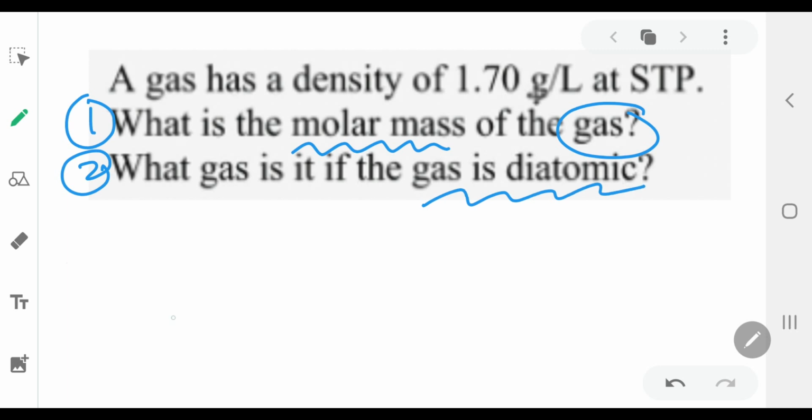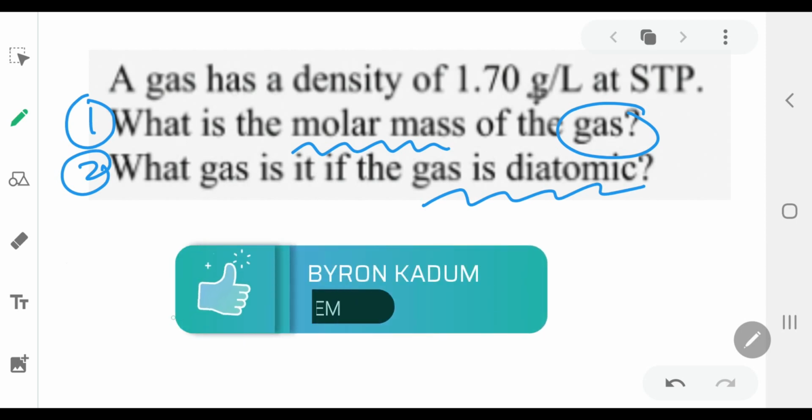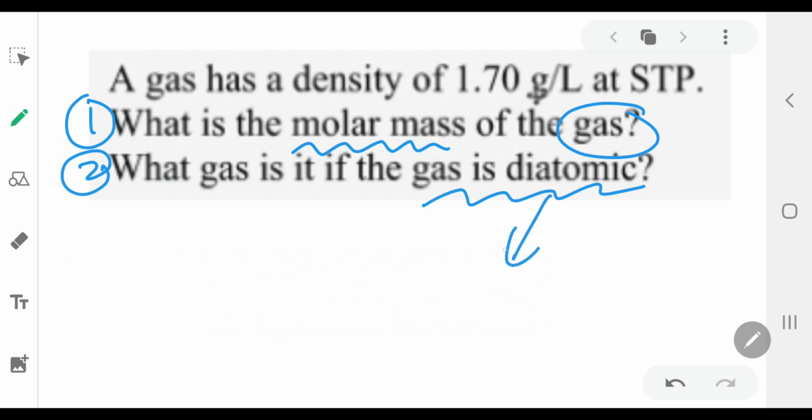I think the word diatomic would be quite alien for some of you. If English is not your first language, diatomic simply means the gas consists of two atoms. The word di refers to double, two atoms.